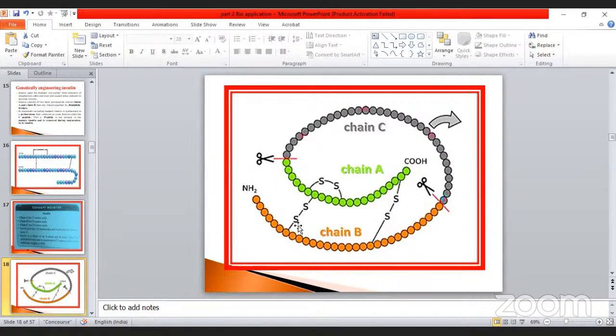It is called a disulfide because sulfur connects these two components. In between, there is a bond made up of sulfur, simply called disulfide because two molecules are involved in this bridge. So it is called a disulfide bridge. That has been given here.